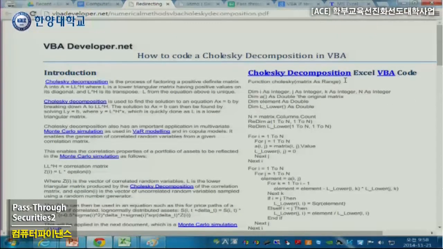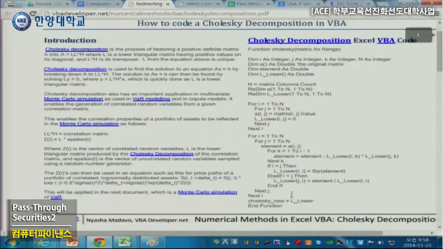Okay, Cholesky matrix as a range, and Cholesky new L lower, range dimension 1 to n, 1 to n. If we put A, I don't know.